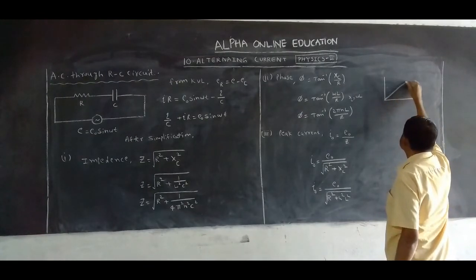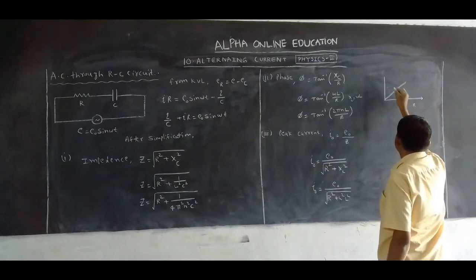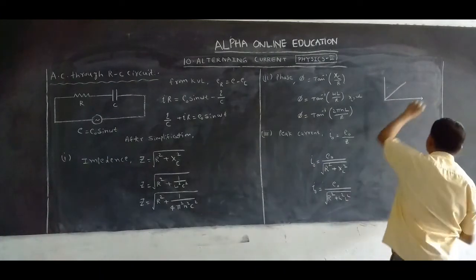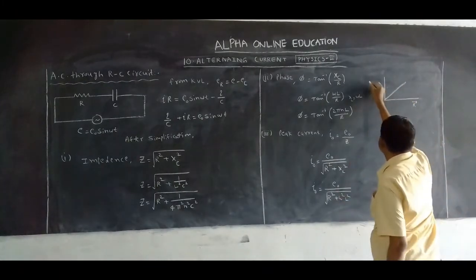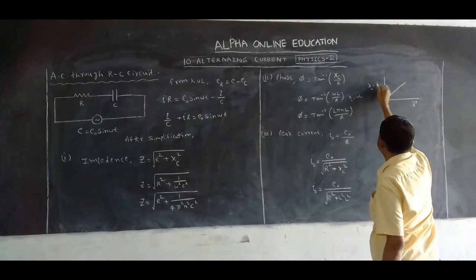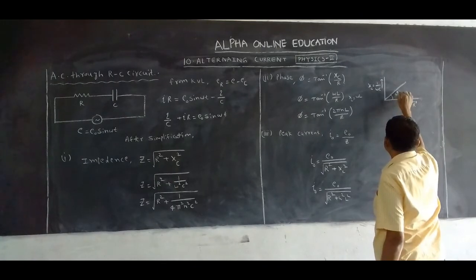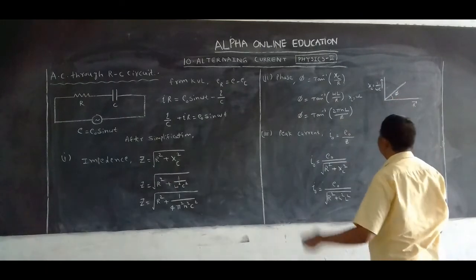Here we take R. In this direction what we can write? XC is equal to 1 by omega C. In this direction, this is the phase phi.